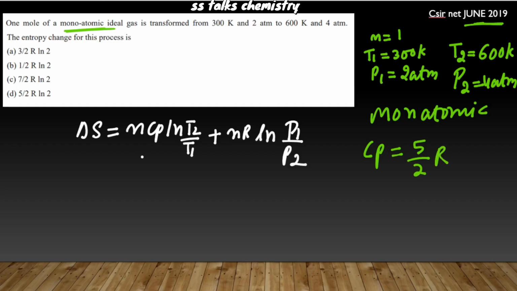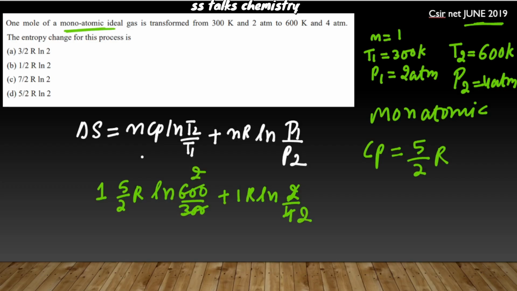So this value we can substitute: n is 1, CP is 5 by 2 R, ln of T2 which is 600 over T1 which is 300, plus nR ln of P1 by P2, where P1 is 2 and P2 is 4. The n value was also 1 only. So this ratio is 1 by 2 and the first ratio is 2.